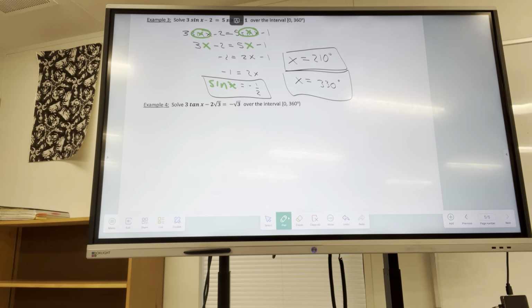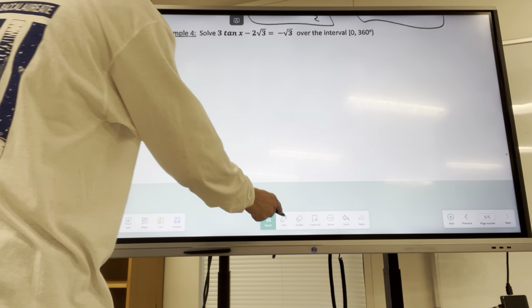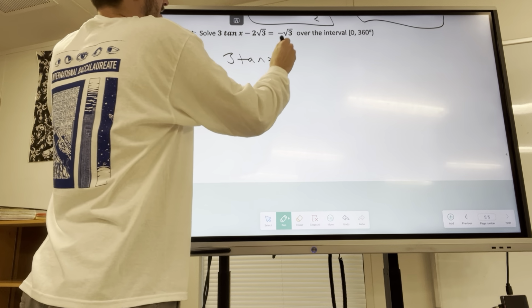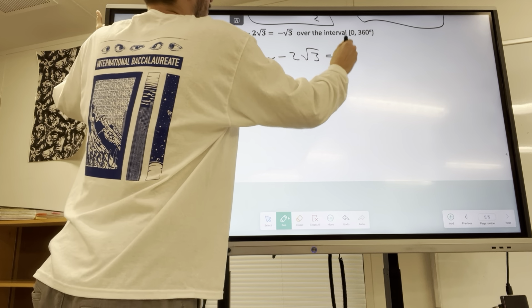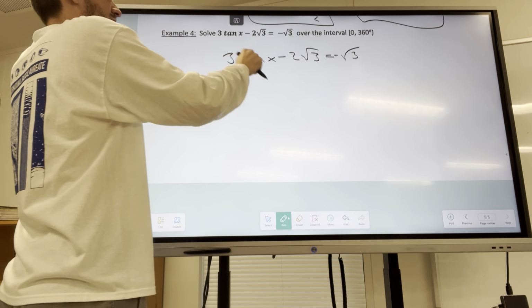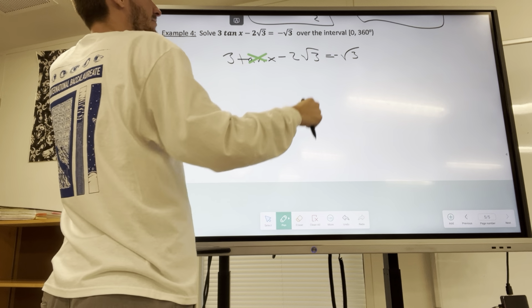A little bit of a distraction, but it's always nice to pass some time to do your own questions. We got some square root type scary stuff. 3 tangent x minus 2 square root 3 equals negative square root 3. Our 3 tangent x is just like a 3x. We have this negative 2 square root 3.